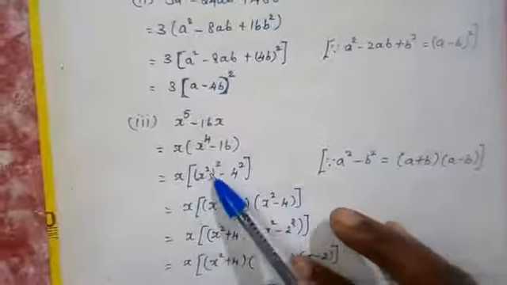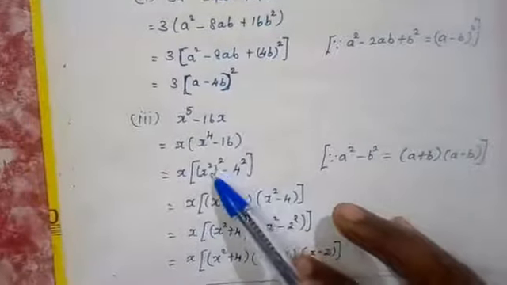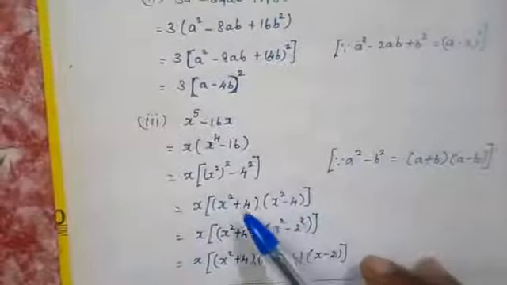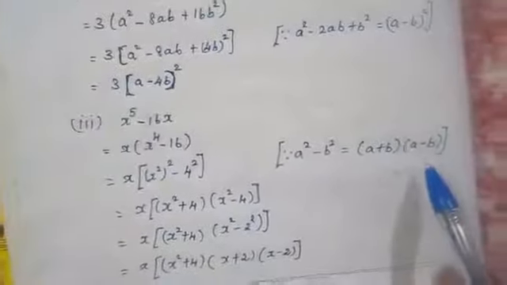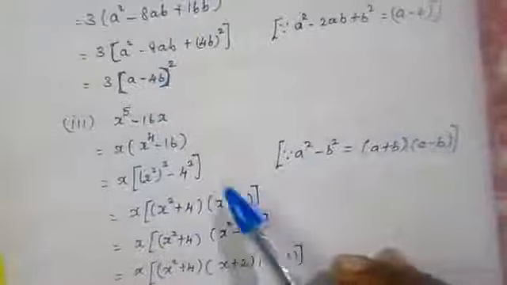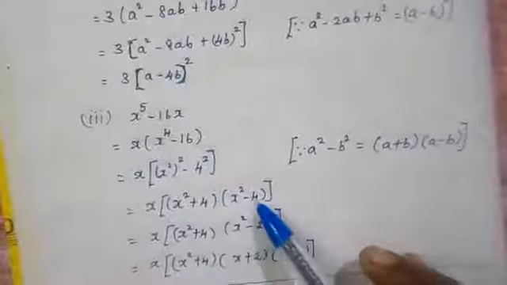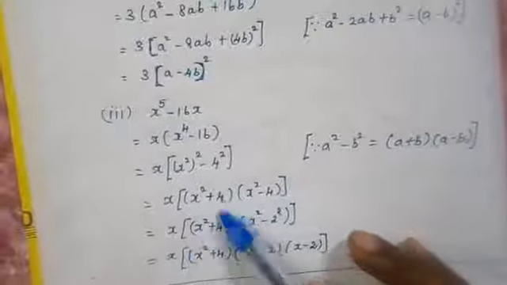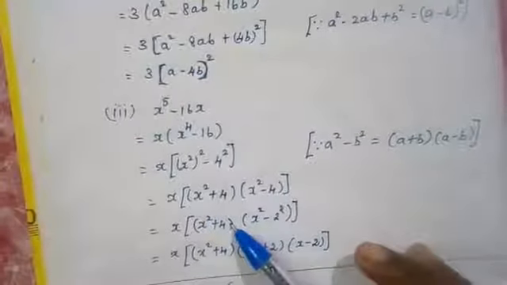So it is in the form a square minus b square. In the a place we have x square, in the b place we have 4. So using the a square minus b square formula, a plus b into a minus b, that is x square plus 4 into x square minus 4. Now x square plus 4, you are not able to simplify again.